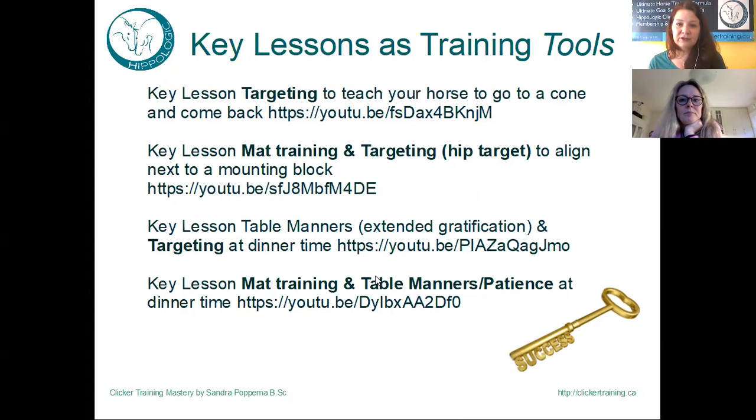Key lesson targeting to teach your horse to go to a cone and come back. We just saw that video. Then I have a video where mat training and targeting, in this case hip targeting, can be useful to align your horse next to a mounting block.